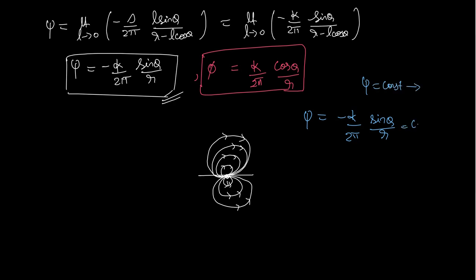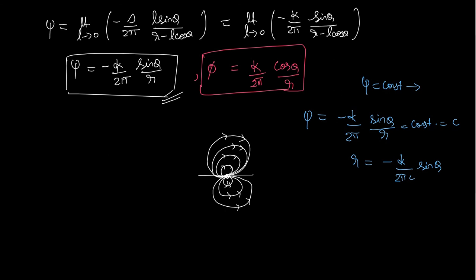So I make this a constant, which I assume to be C. Now this gives the equation of a streamline, and I can get my R to be minus kappa by 2 pi C sin theta. So this is the equation of a streamline.